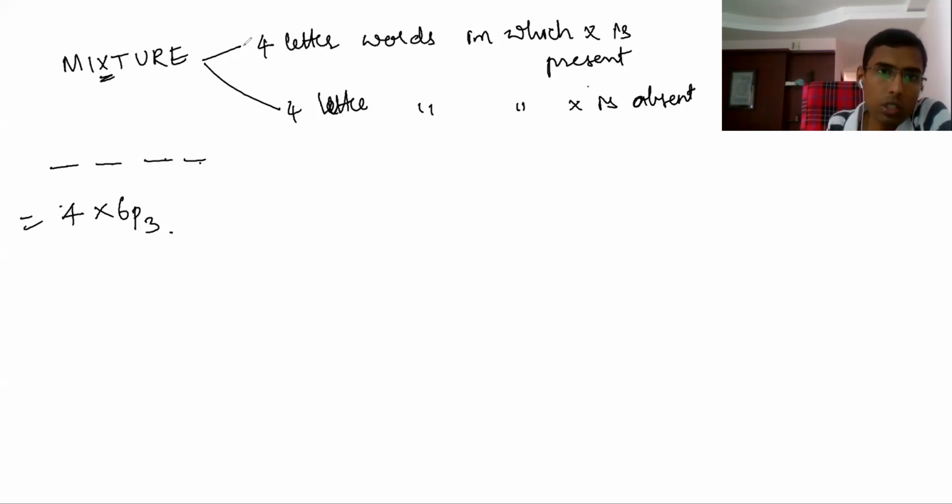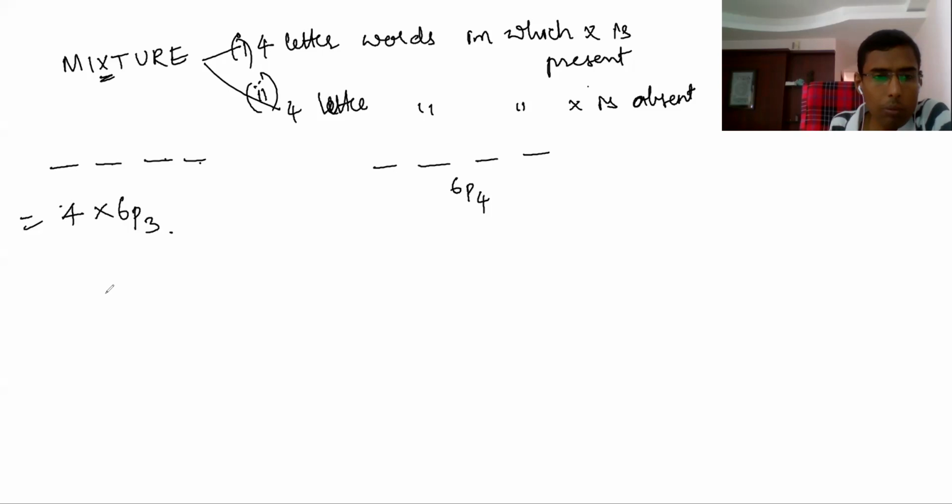And the next question: X is always absent. X absent means X should not be arranged. So the remaining 6 letters are arranged in 4 blanks, 6P4 ways. In any 4 letter permutation, X is either present or absent, only 2 cases.